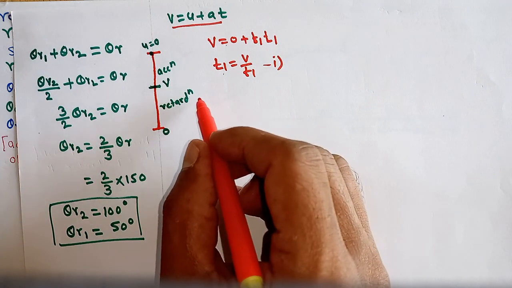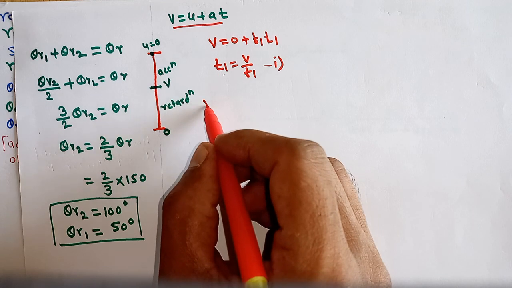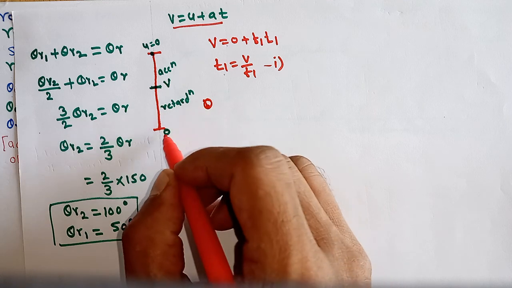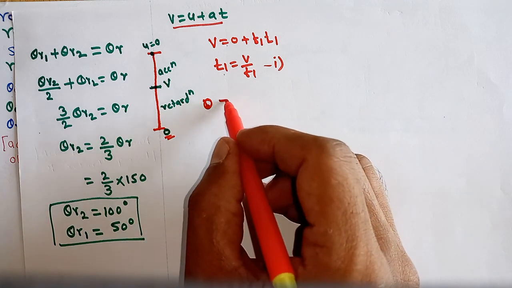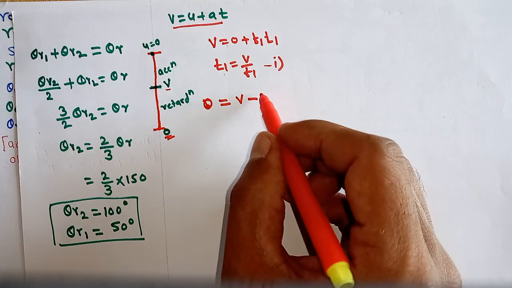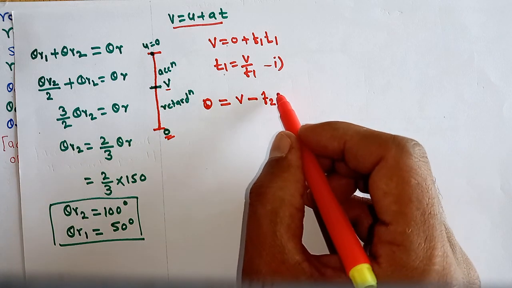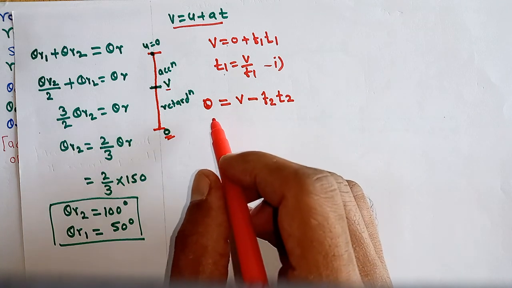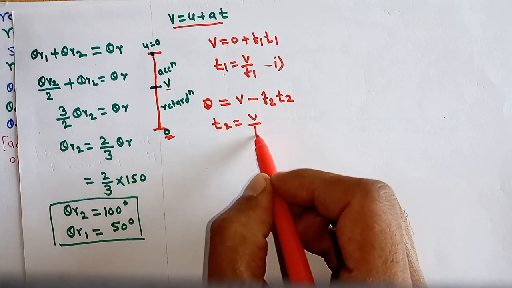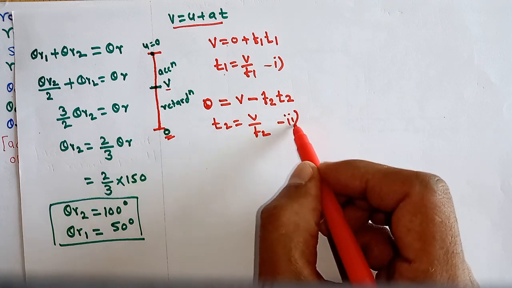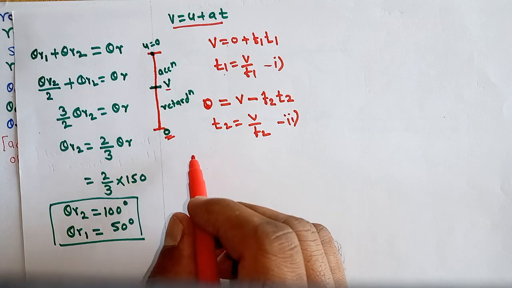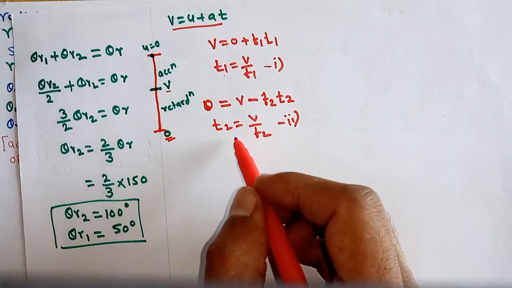Now during retardation, if I apply the same equation, the final velocity is 0, which equals the initial velocity V. Now it is retardation, so minus F2, where F2 is the magnitude of retardation and T2 is the time required during the retardation period. So we get T2 equals V upon F2. Call this equation number 2. Now if we equate these two equations, so I will convert this.